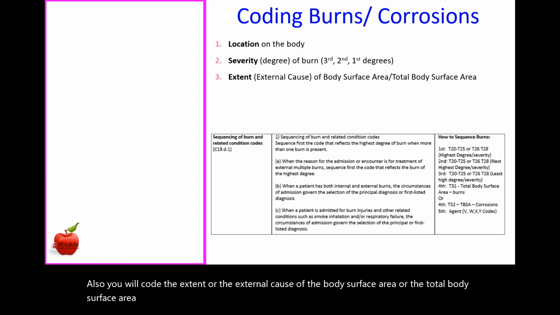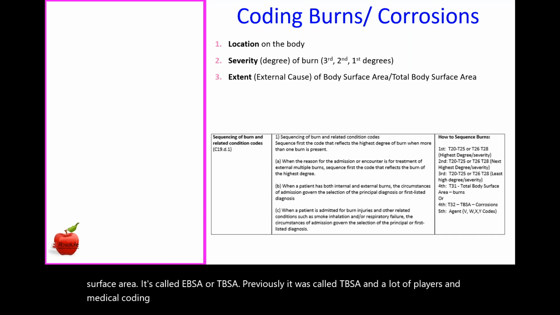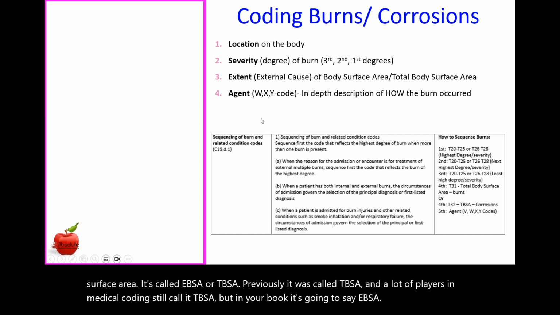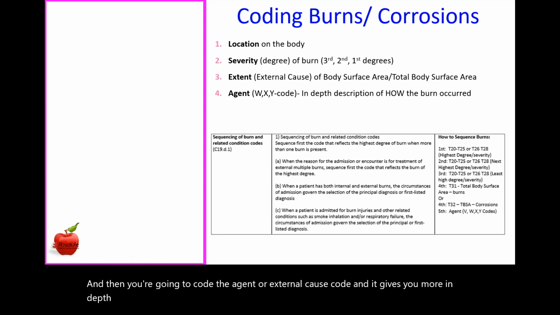It's called EBSA or TBSA. Previously, it was called TBSA, and a lot of players in medical coding still call it TBSA, but in your book, it's going to say EBSA. And then you're going to code the agent or external cause code, which gives you a more in-depth description of how that burn occurred and where it occurred.